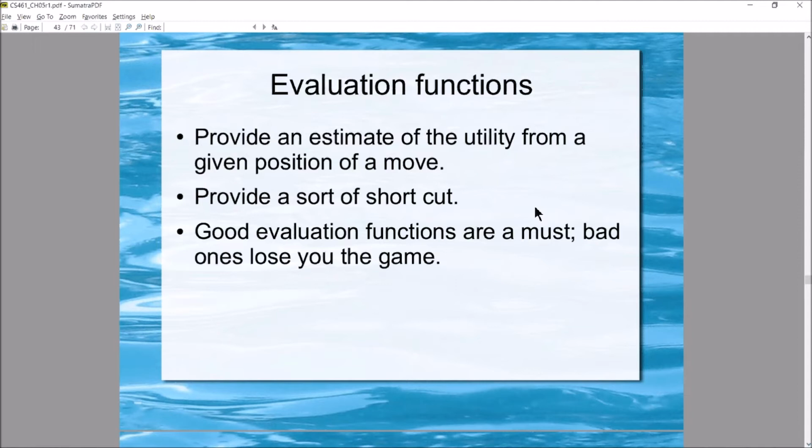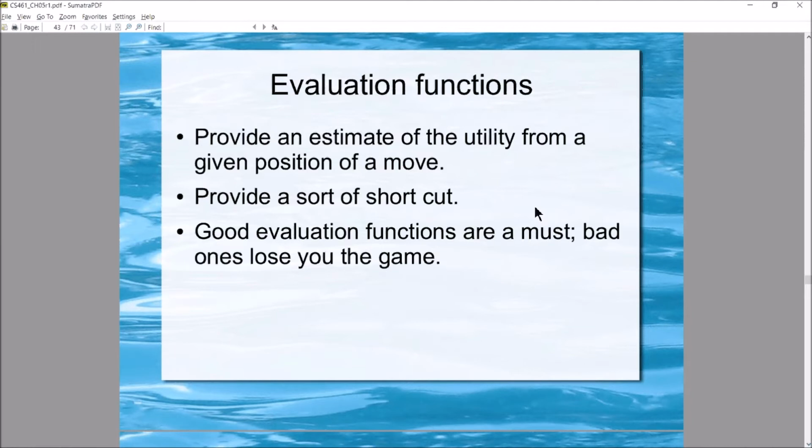This allows us to have a sort of shortcut, where we can terminate the search early down a particular subtree, not the overall search itself. We reach a certain depth limit, like with depth limited search, and then we evaluate the state at that level using that heuristic evaluation function.